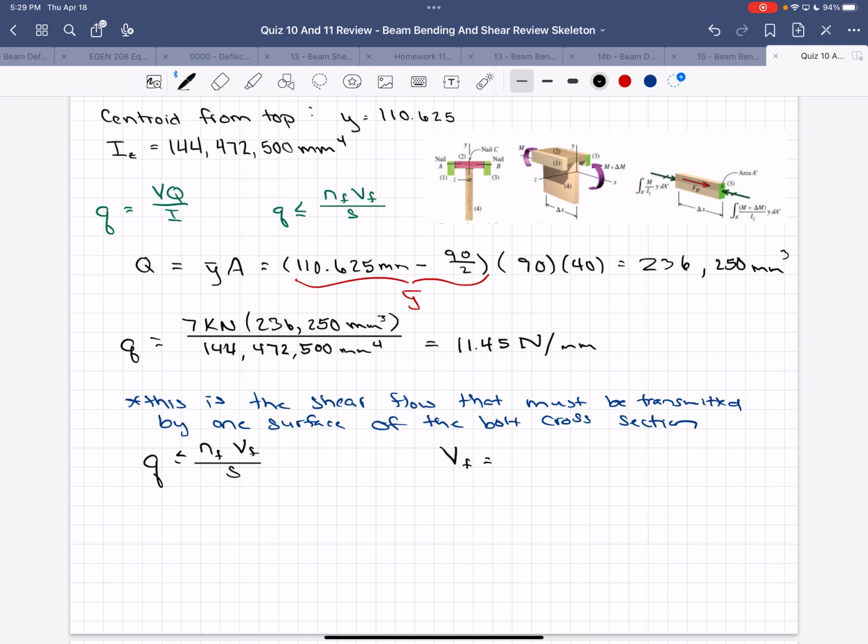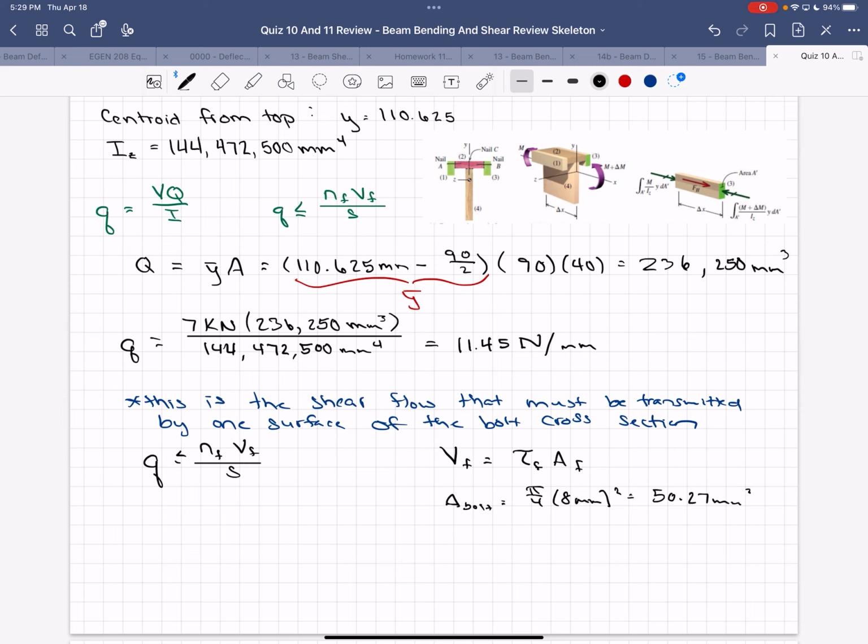VF equals the shear stress of the fastener times the area of the fastener. Remember that old gem? So the area of the bolt equals pi over 4 times 8 millimeters squared. So that's 50.27 millimeters squared.